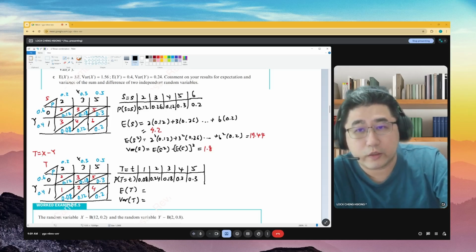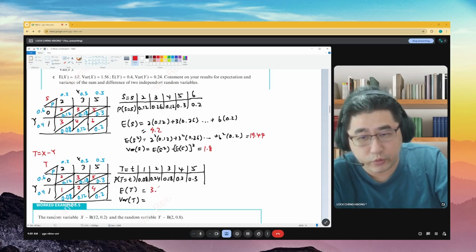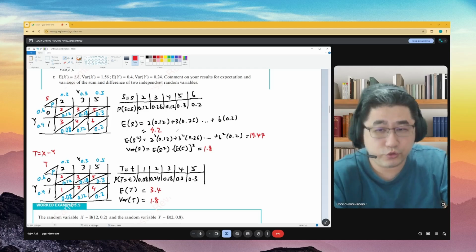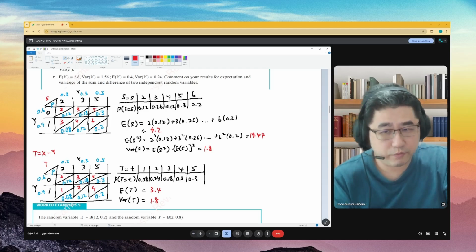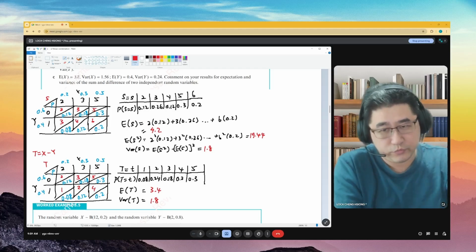After you do your calculation, you need to get 3.4, and the variance will be 1.8. If you are not sure about the calculation, please text me on how to do it.